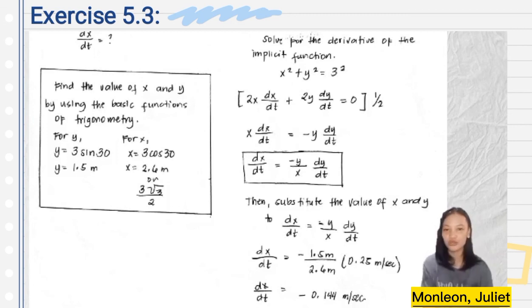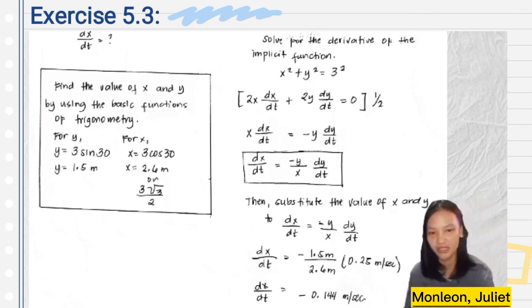So x is equal to 3 cosine 30, since x is the adjacent to the 30 degree angle, and the 3 meter is the hypotenuse. So 3 cosine 30 is equal to 2.6, or 3 square root of 3 over 2. So the x value is equal to 2.6 meter. So we will use the 2.6.